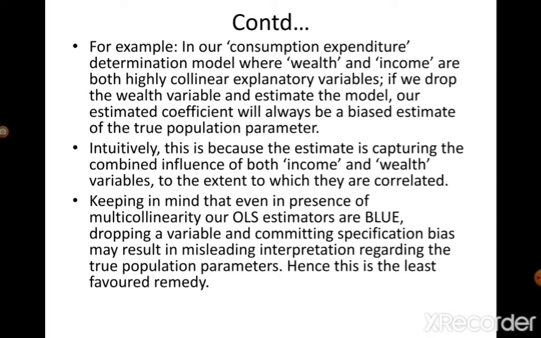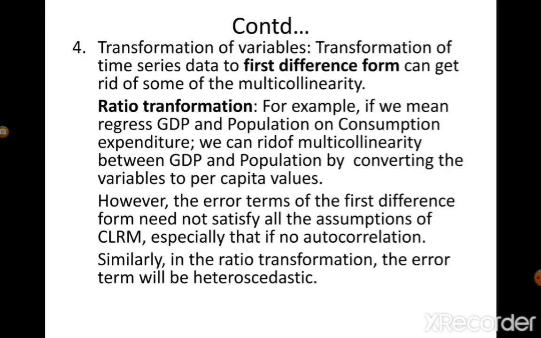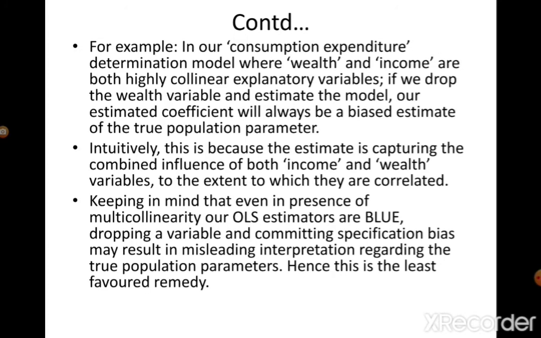Because we have dropped an important explanatory variable, the estimates will be biased estimates of the true population parameter. This is what is called committing a specification bias. It may again result in misleading interpretation regarding the true population parameter. So although it seems the simplest, it is one of the least favored remedies.